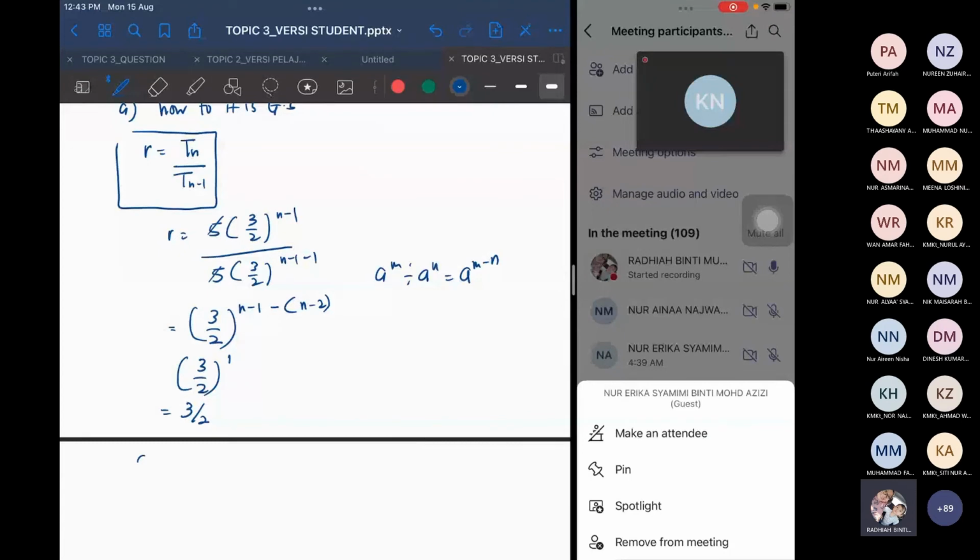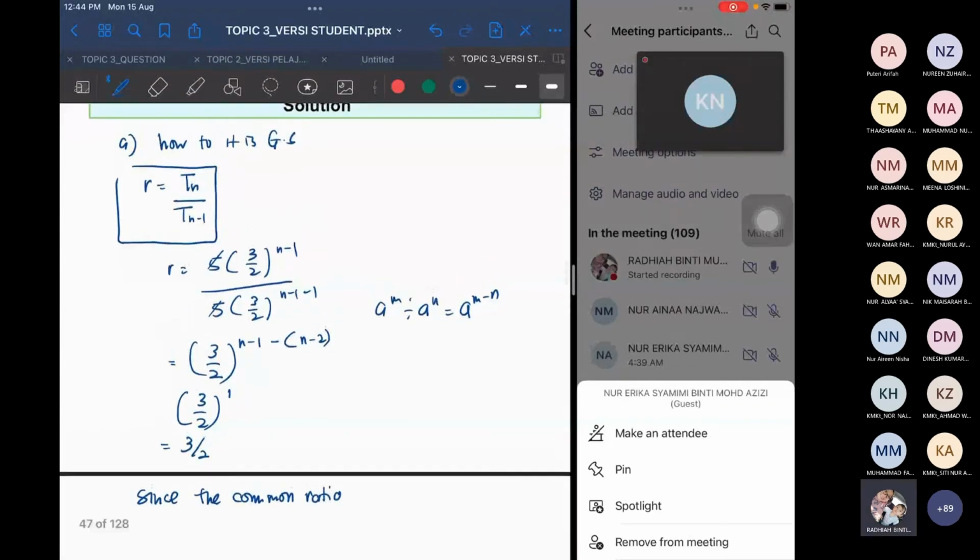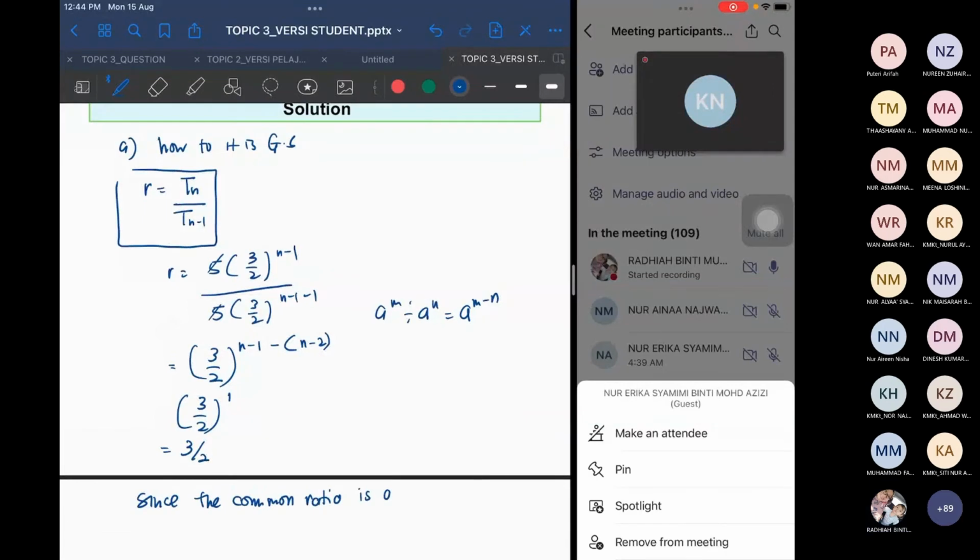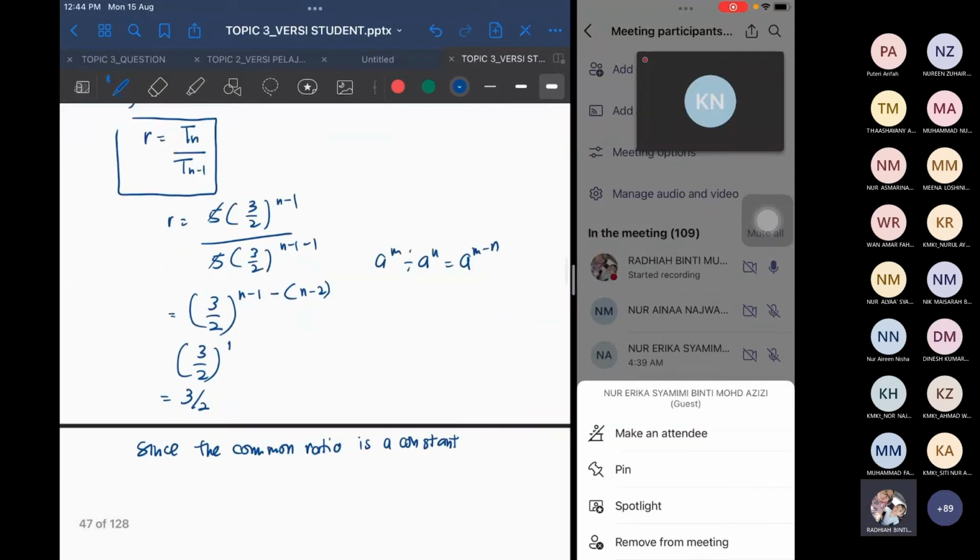Okay, so you punya tu. Okay, since the common ratio is a constant. Okay, so kita punya n term tu adalah geometric sequence. Geometric sequence.